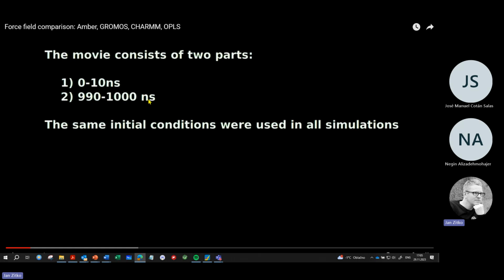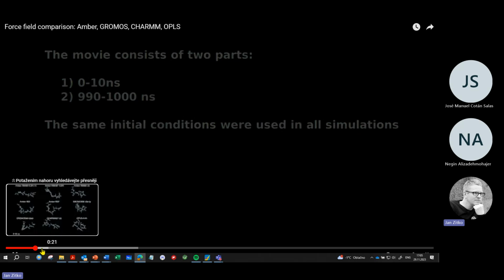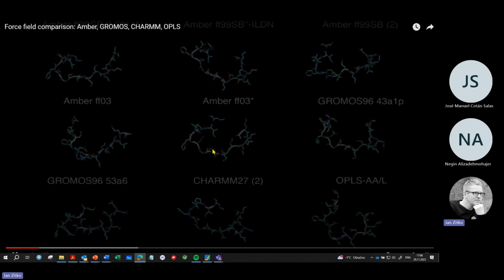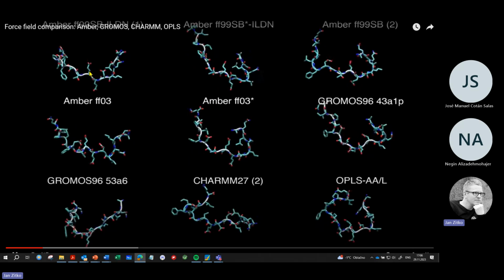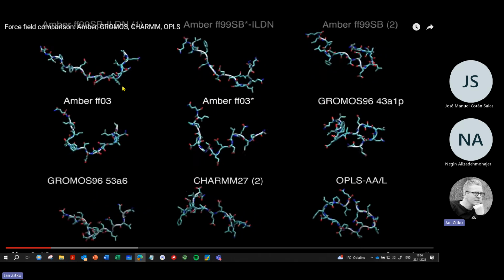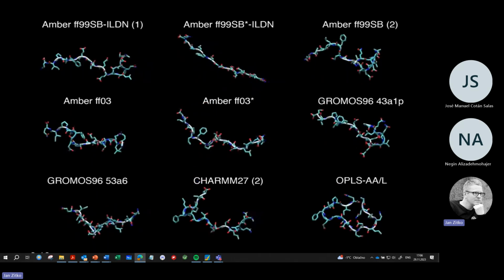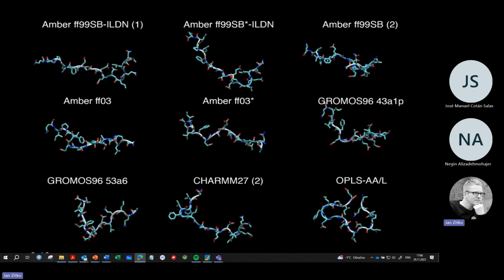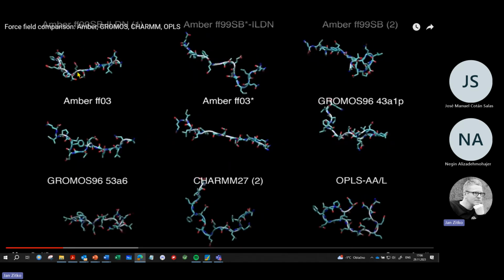So the whole simulation was 1000 nanoseconds, which means 1 microsecond. It's only a small protein to be able to see something. I don't know if it's maybe a hexapeptide, decapeptide, something like that. So not a typical protein, and you see how things go.